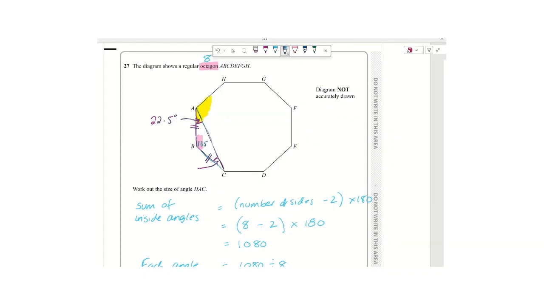So, to find the bit that I actually want to know about, which is this bit here that I'm colouring in, that's the yellow angle, so the whole 135, take away the bit that we've just worked out to be 22.5.